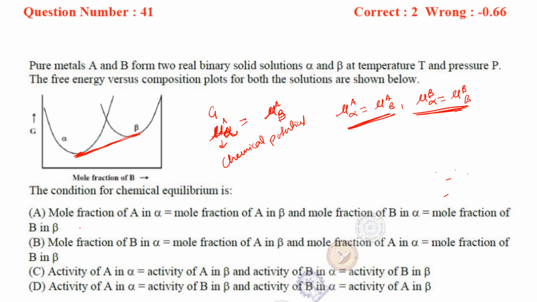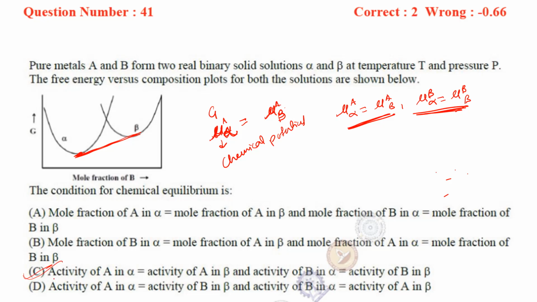So which is the option here? Mole fraction of A in alpha is equal to mole fraction of A in beta, and mole fraction of B. Okay, so it is asking about the mole fraction, but we don't need to bother about the mole fraction. Basically, activity of A in alpha equals activity of A in beta, and activity of B in alpha equals activity of B in beta.